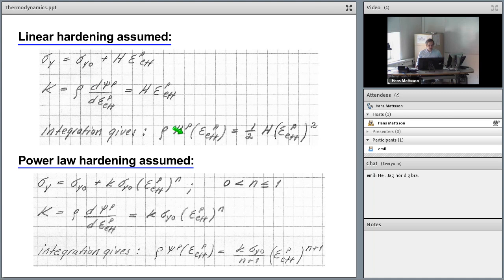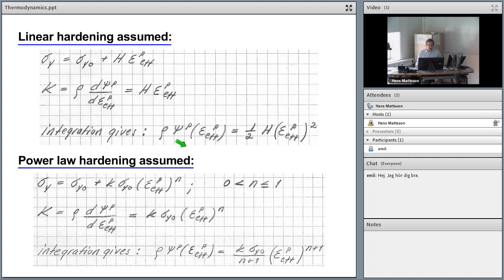We see that when we integrate this side here, we get on this side the effective plastic strain up to 2 here, divided by 2. It's just integration of the polynomial, of course.